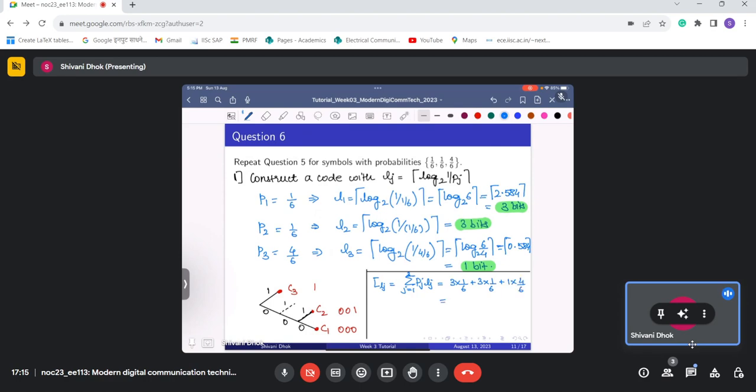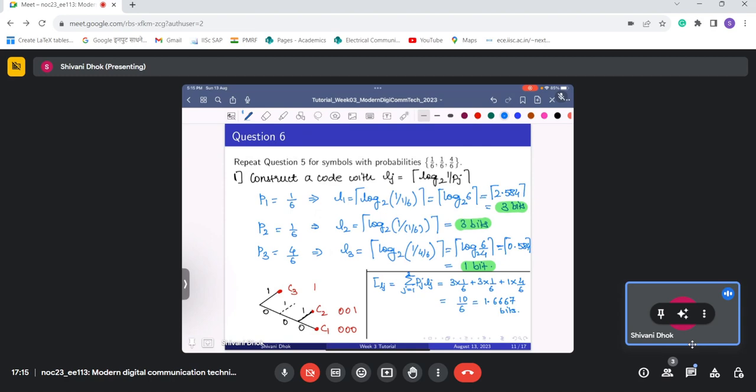So this comes out to be 10 by 6, which is equal to 1.6667 bits.